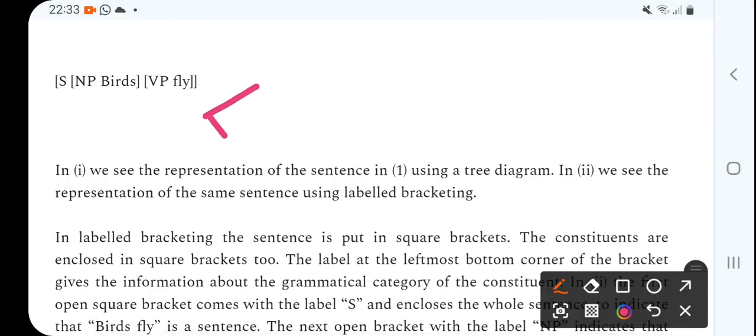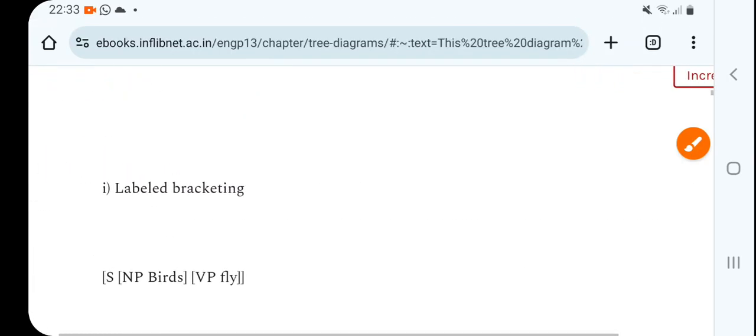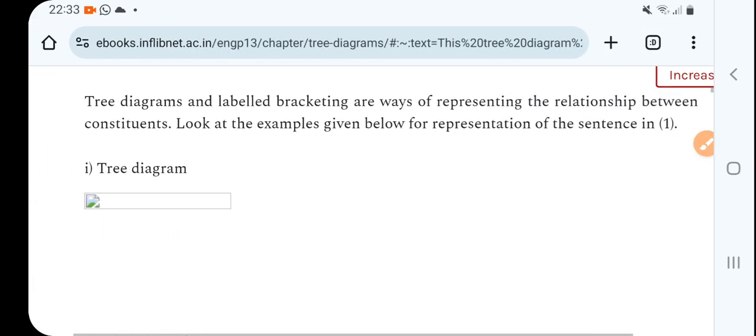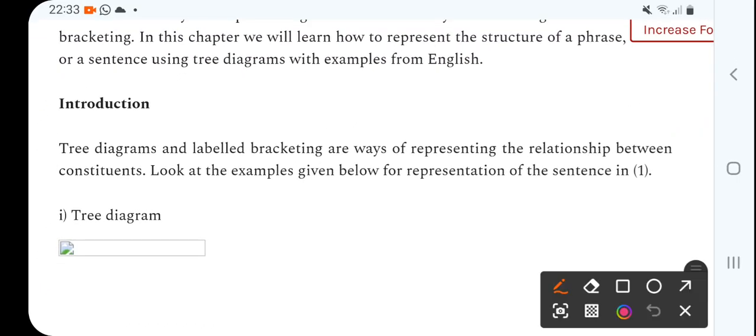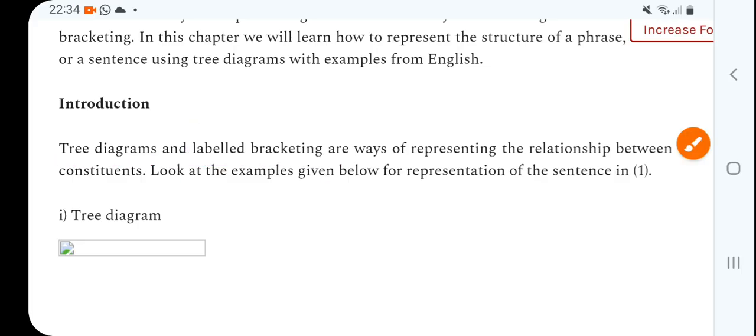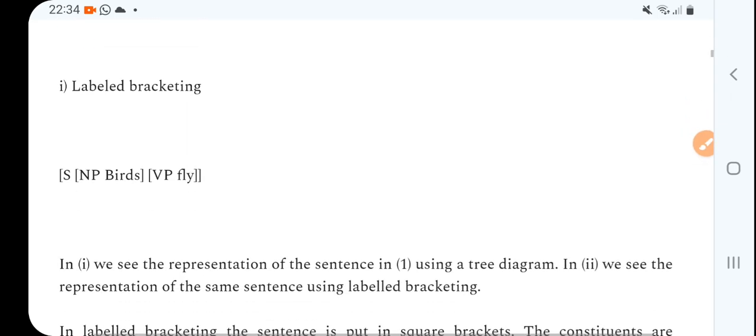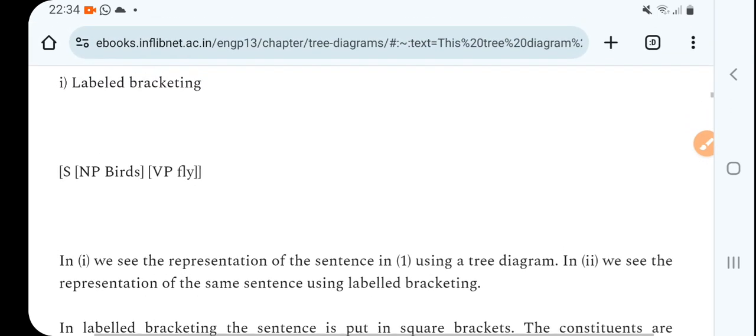First of all we have to create a big bracket. Why? Because there are two ways of representing: tree diagram or labeled bracketing. Through labeled bracketing we will try to understand, because the tree diagram is not opening.